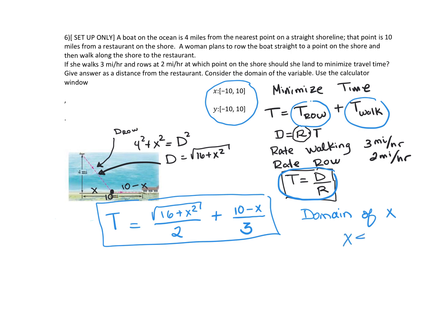So it has to be less than or equal to 10. And the smallest it could be would be greater than or equal to 0. So keeping in mind that if x is 0, we're going straight across and walking the whole way along the shore. And if it's 10, we're going directly to the restaurant over here.